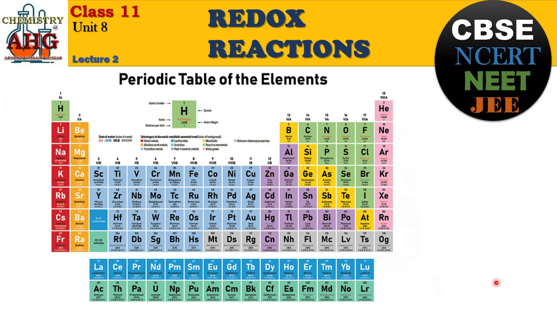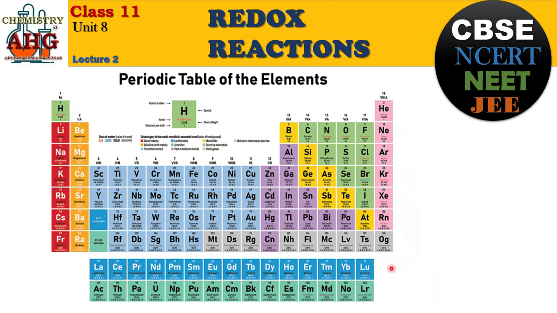Next, what is the trend of electronegativity? Whenever there is a comparison of metal and non-metal, non-metals are more electronegative. If you need a comparison between two or three non-metals, how will you decide which non-metal is more electronegative and which is less?